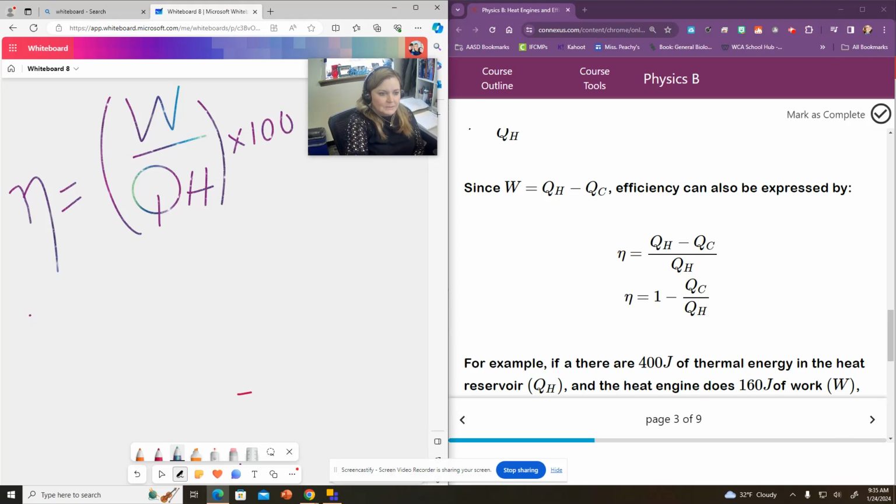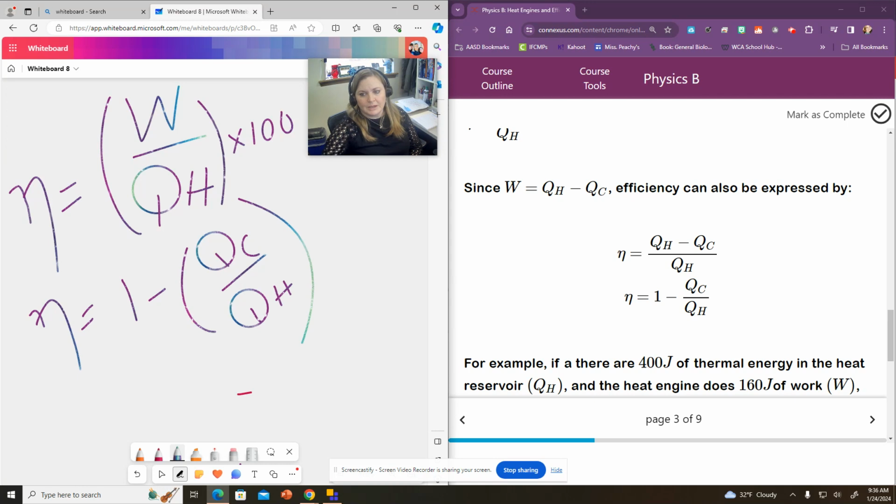I'm just going to write it the way they have it at the bottom: 1 minus Q sub C over Q sub H. When you look at this, if work is equal to Q sub H minus Q sub C, we can substitute that in, and then we can simplify. So there are two different ways you can solve for efficiency. These are both efficiency.